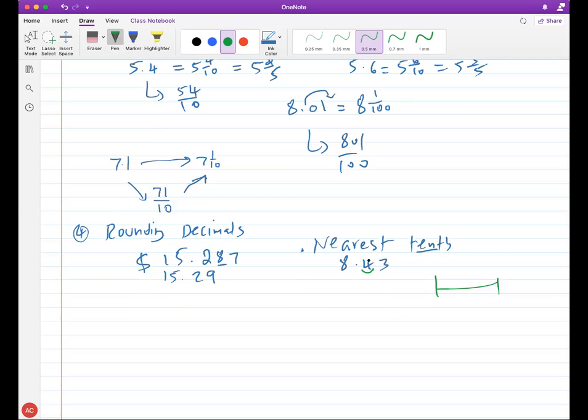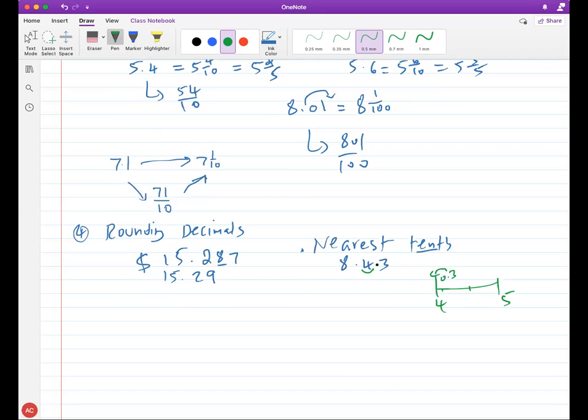So we have 4 here and 5. This 3 is closer to the 4. If you look at it this way, 4.1, 4.2, 4.3, 4.9 to 5. So 4.3 is closer to 4 than to 5.